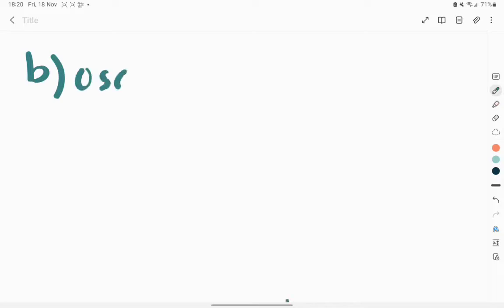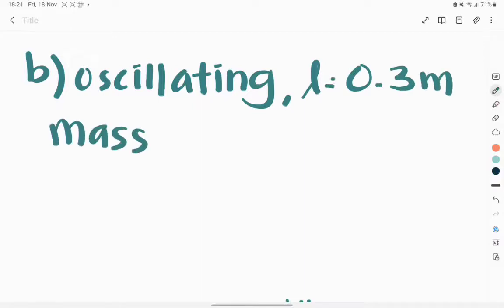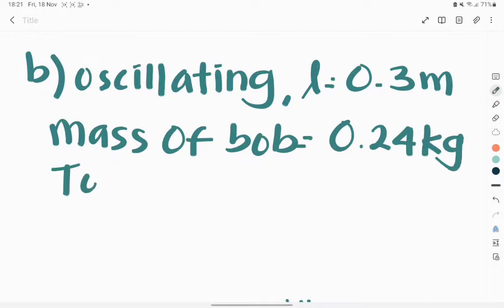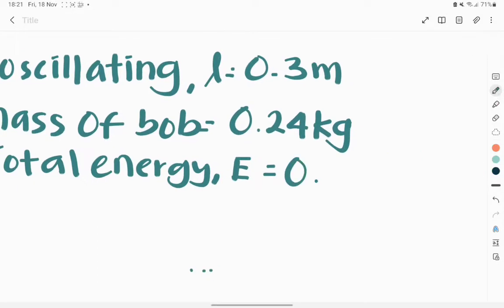For question 7b, oscillating, L is equal to 0.3 m, while the mass is 0.24 kg and the total energy is 0.06 joule.